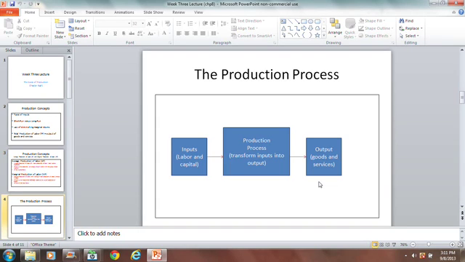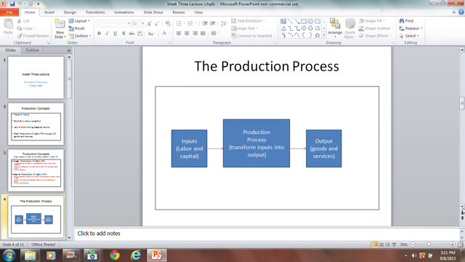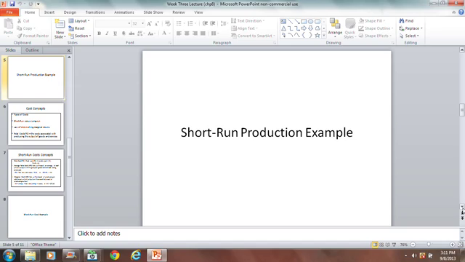At what point do we have too many inputs trying to produce output, and output starts to suffer? And so the law of diminishing marginal returns will help us define that point where the production process becomes kind of congested. Now, to take production theory and convert it to numbers and visual representation, I have created this example.